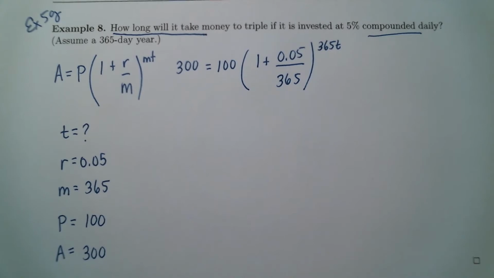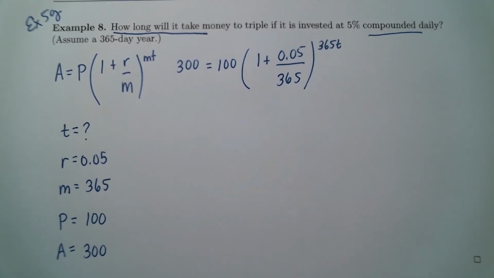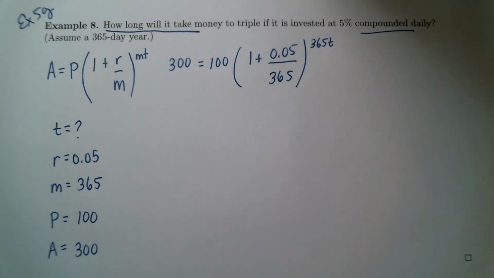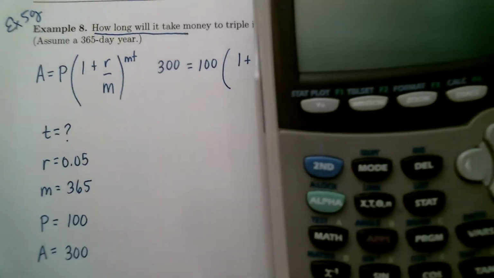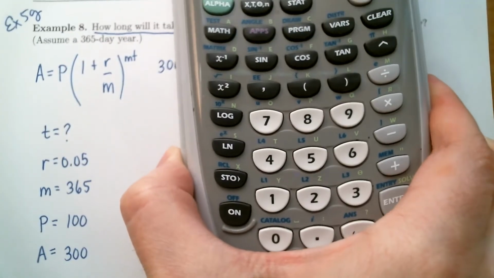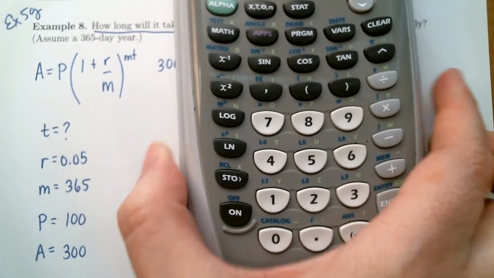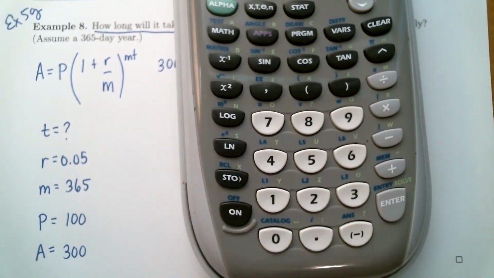Like I said, it's going to involve logarithms. So let me give you a little intro about that. If you look at your calculator, it's going to have two logarithm keys on it.